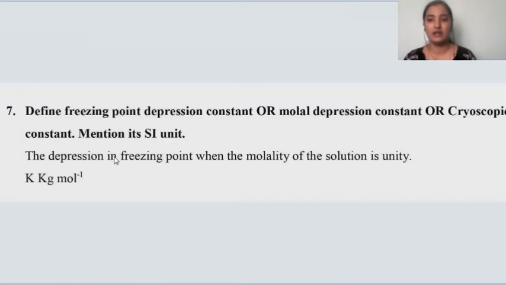It is the depression in freezing point when the molality of the solution is unity. For a solution with molality 1, the depression in freezing point of such a solution is regarded as the freezing point depression constant.